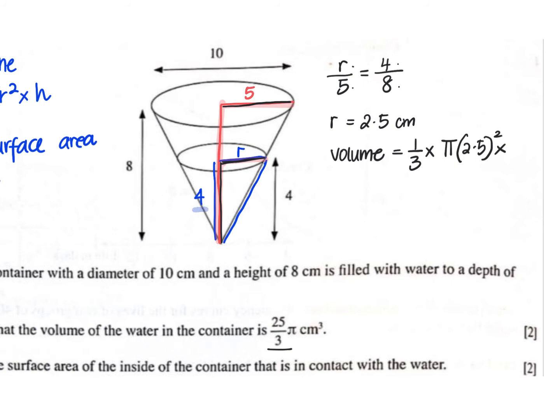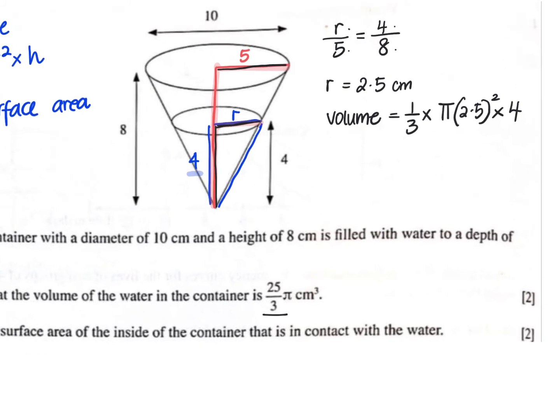Now you notice inside here there is this pi, so we are going to leave the answer in terms of pi. We calculate every other thing except for pi and leave pi alone, and we should be able to get 25 over 3 pi cm cubed. Check your calculations, see whether it's correct or not. Why do you think they ask us to leave the answer in terms of pi? So it's exact. There will probably be a part where we need to use this volume for the next part of the answer.